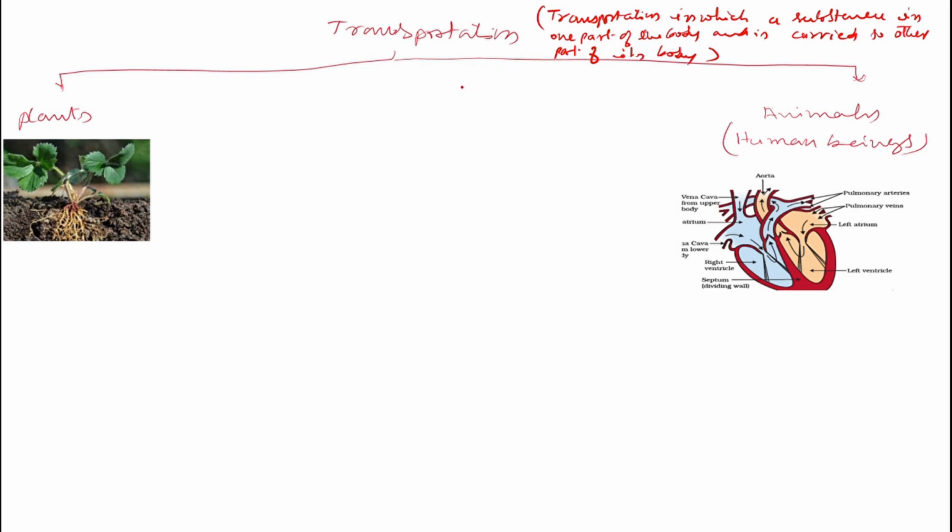So now we will see how transportation occurs in plants and how transportation occurs in human beings. One by one we will see. First we will see how transportation occurs in plants.